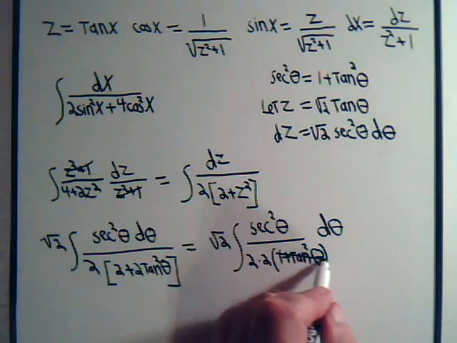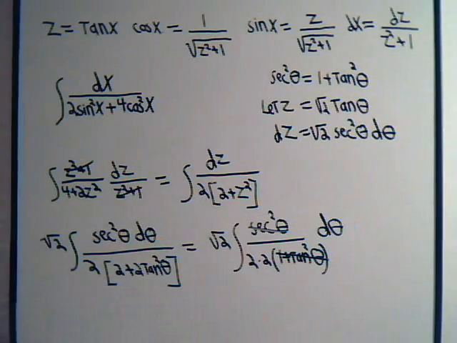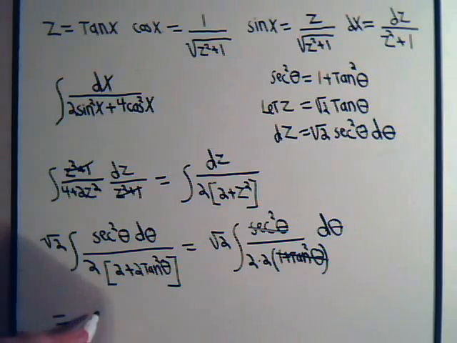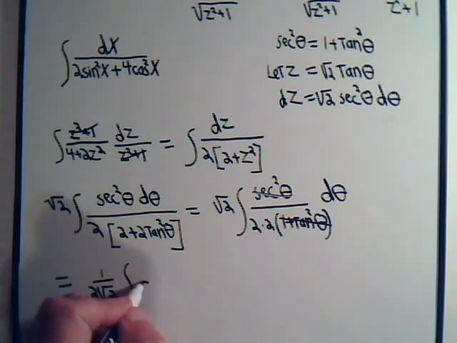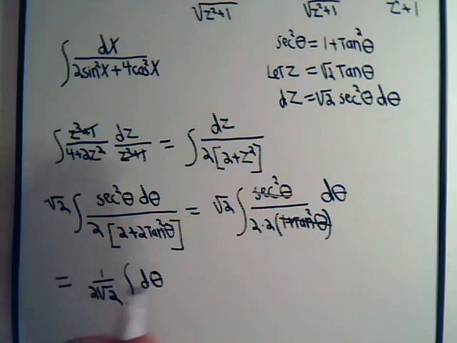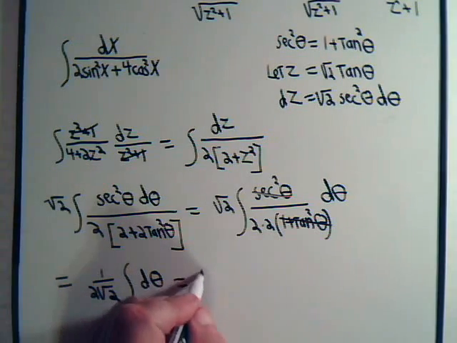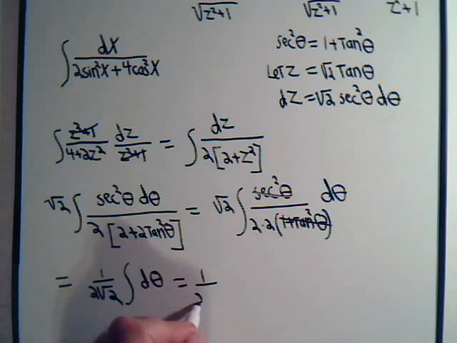And this is the secant squared of theta. So it looks like we're going to have 2 divided by 2 is 1 over the square root of 2, so we'll have 1 over 2 times the square root of 2, the integral of d theta. Of course, that's just going to be theta.